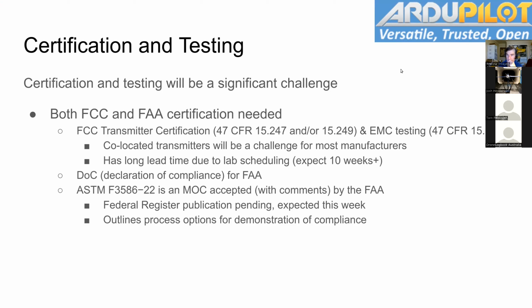So if you've got devices with modular transmitter certifications and they're not co-located, you can inherit those and then use EMC testing only. But if you don't have a situation where you can avoid co-located transmitters, or you don't have modular certification on your transmitter, then you can run into some issues.